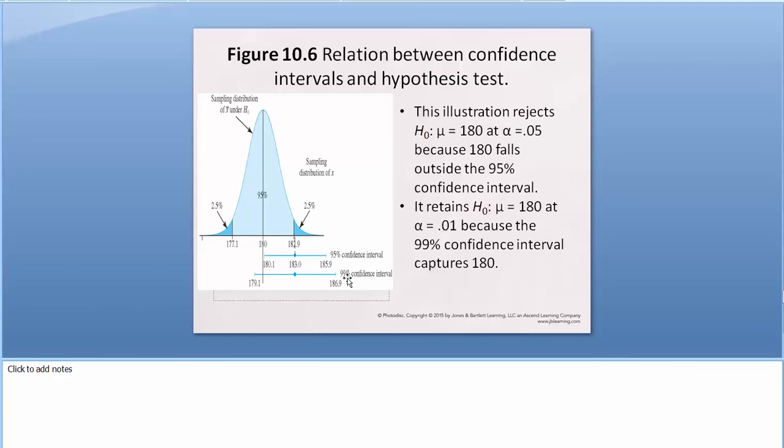The equivalent two-sided hypothesis test should have alpha equal to 0.01. Work it out: 99 means 1 minus alpha is 0.99, so alpha is 0.01. At alpha equal to 0.01, the conclusion for that two-sided hypothesis test will be that you need to accept H0, not reject.